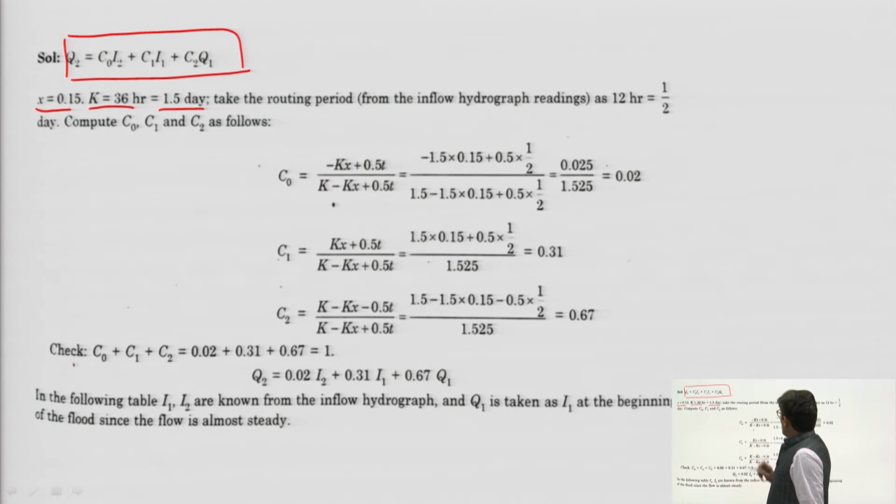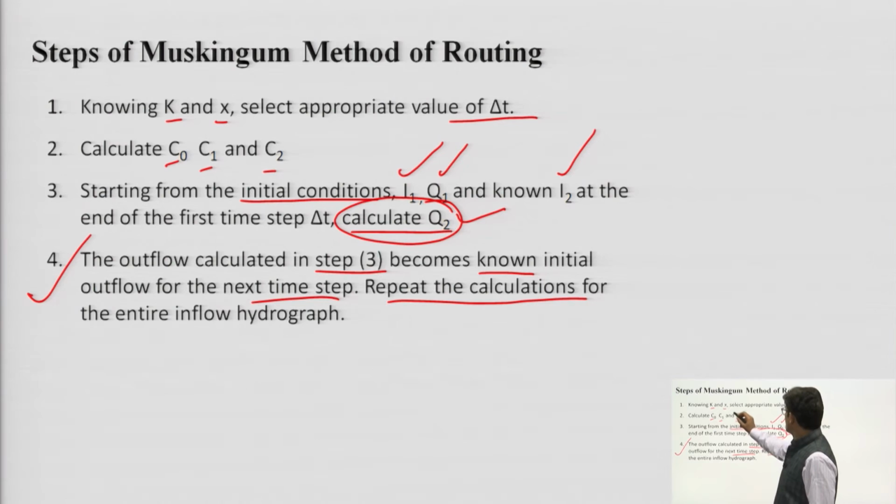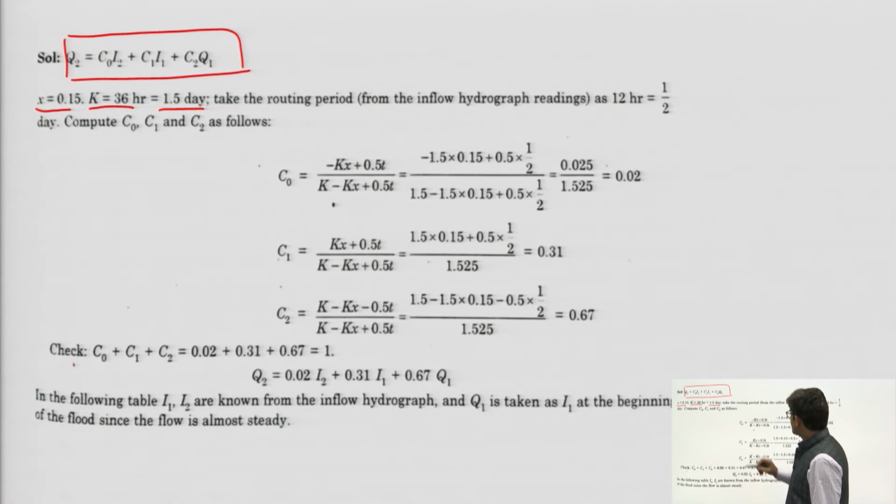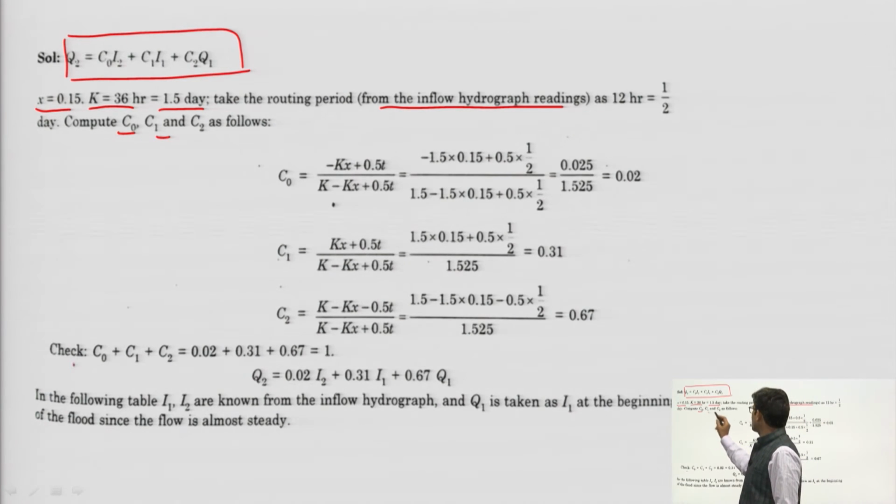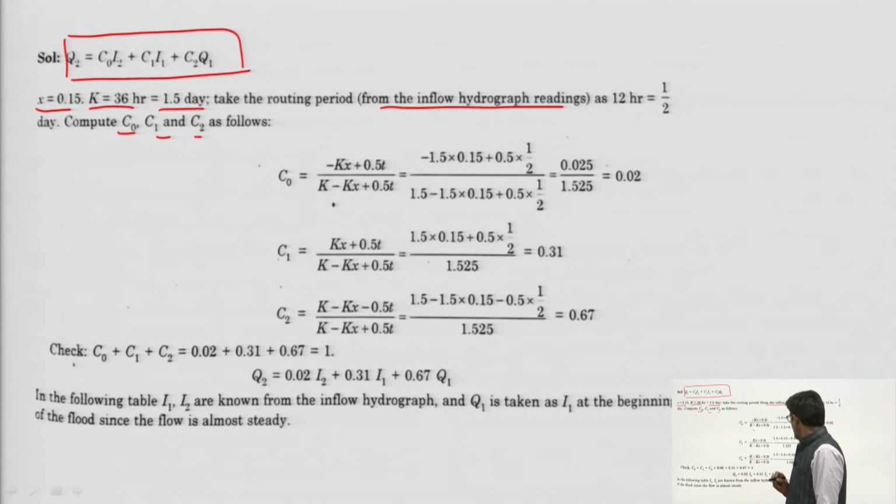What we need to do? The first step in the Muskingum procedure is to select the value of del t. The routing period from the inflow hydrograph reading is given as 12 hours, which means half a day. Let us compute the values of C0, C1, C2. If we get a negative value, then we will think of revising this del t.